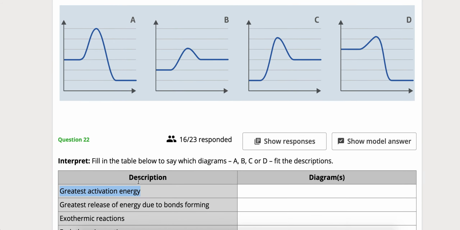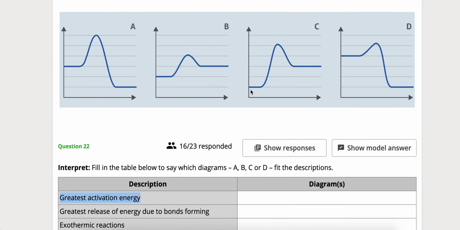So what we'd be seeing here is between the point of our reactants and the peak that we can see up here, which one has the highest difference or the largest difference? So for A, we start here, we can see it up here. So that's about 3 lines worth of energy. For B, we start here, we end here.